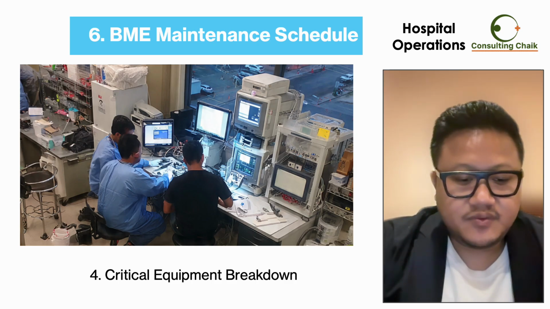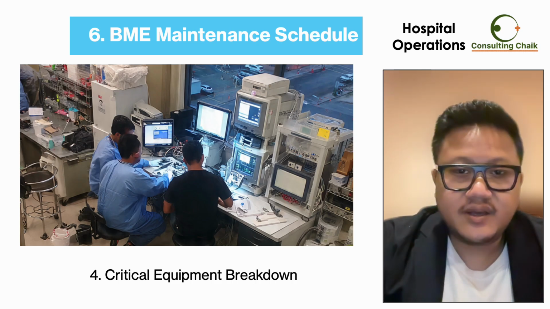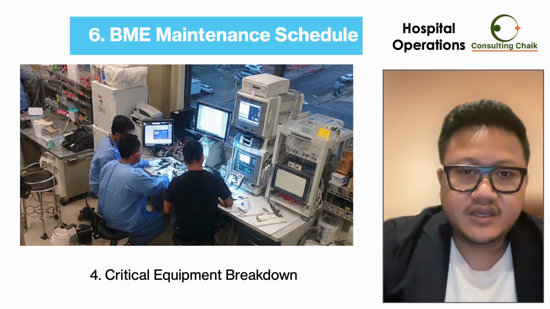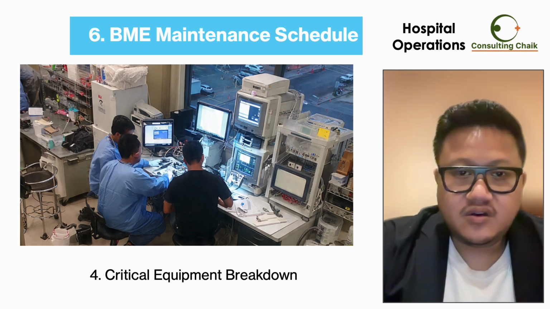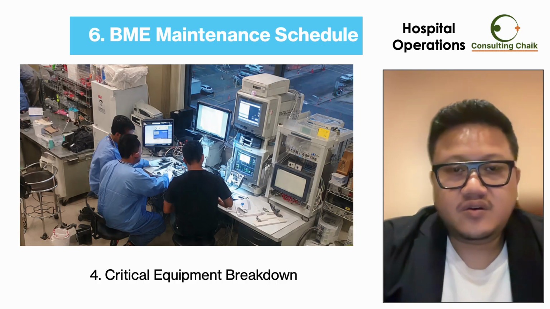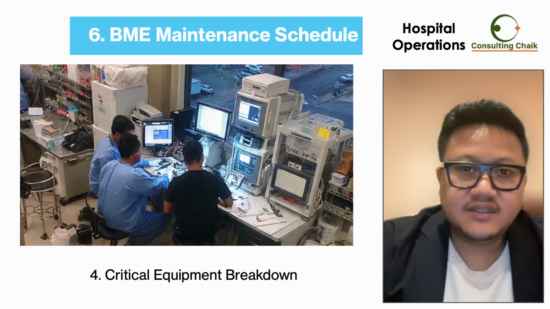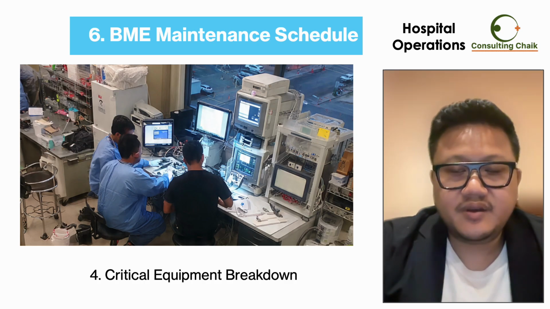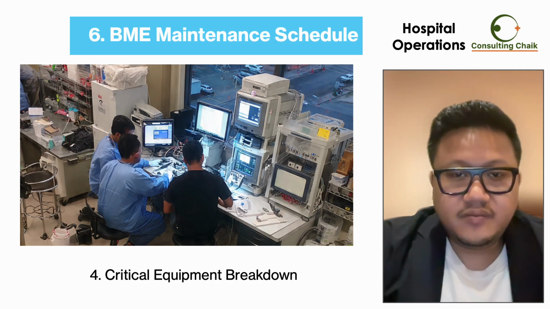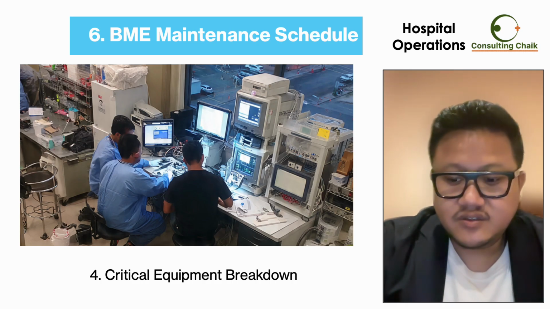And once you document the downtime of these critical equipments, you see what kind of equipments are facing problems, and accordingly you take decisions of either replacing it or replacing certain spare parts, or talking to the company so that this kind of problem does not happen. Because critical equipment means you will be compromising on the services of your hospital.